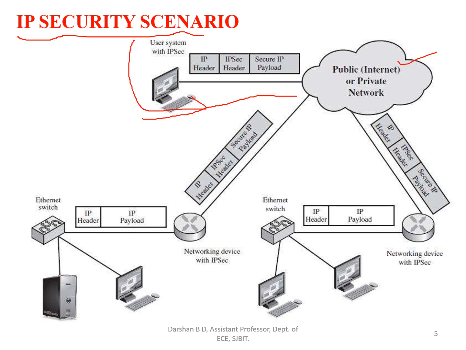Here this is the first case, where you provide Internet Protocol security directly to the user. The user directly accesses the public or private network, with IP security on the user system. IP security consists of the IP header part, the IP security header part, and the secure IP payload. Secure IP payload means your original information.